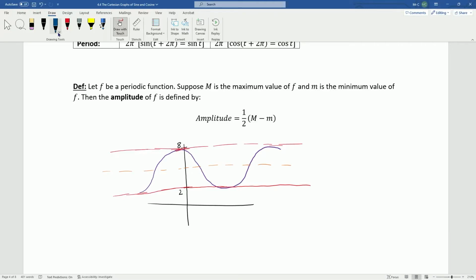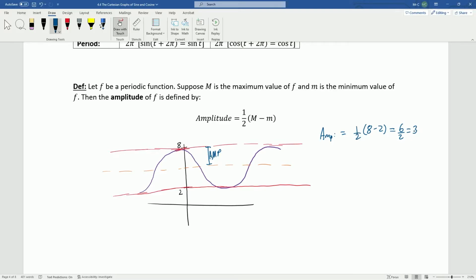That seems like a strange definition, but amplitude just means the distance from the center of the graph, vertically speaking. So the distance is given in this case by 8 minus 2, right? So my amplitude is 1/2 of the distance between 8 and 2. So 8 minus 2 is 6, 6 over 2 is 3, right?